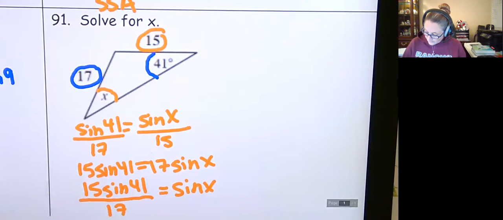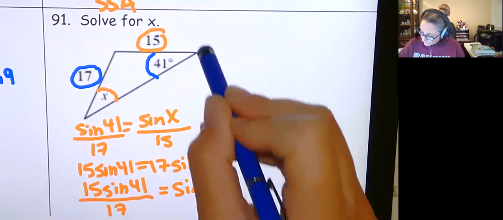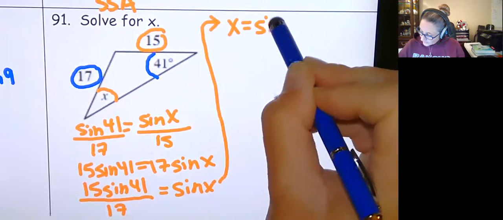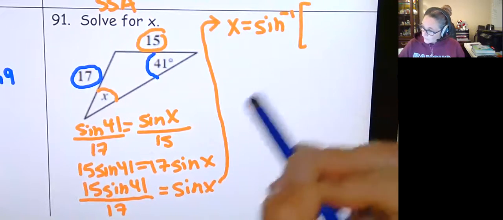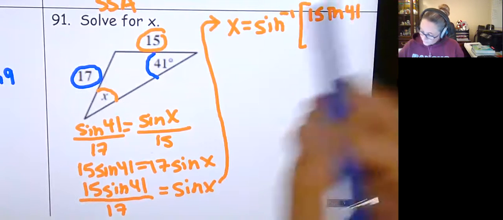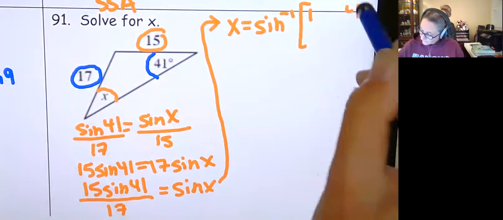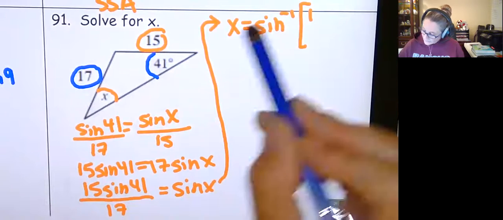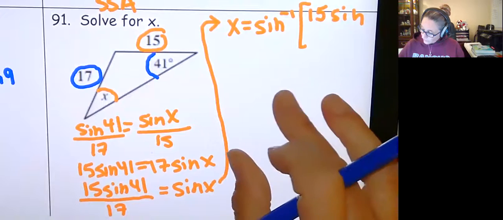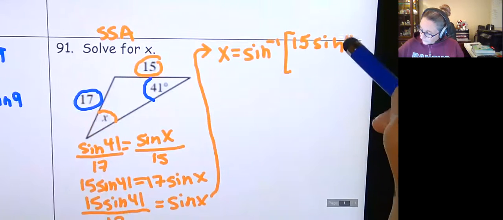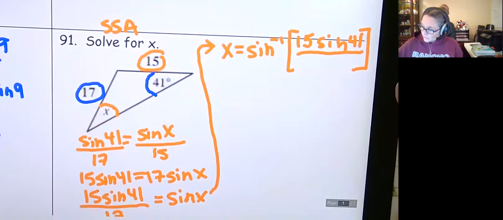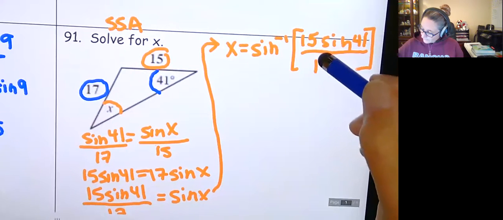So I'm going to get x is equal to sine inverse of this whole thing, 15 sine 41 over 17.